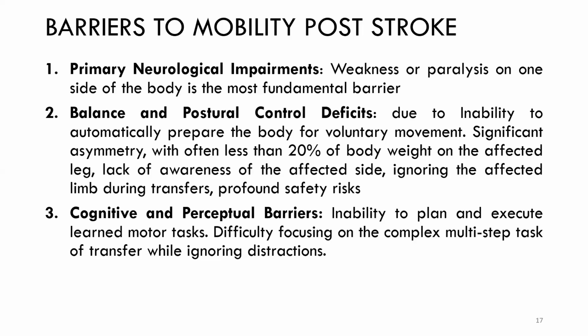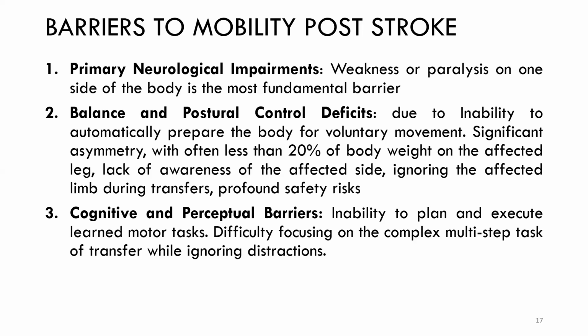They tend to bear more weight on the unaffected lower limb. If you look at their orientation, their shoulder level, the head, you'll see that the shoulder is dropping towards the unaffected side. So this will automatically lead to less than 20% of body weight on the affected leg.